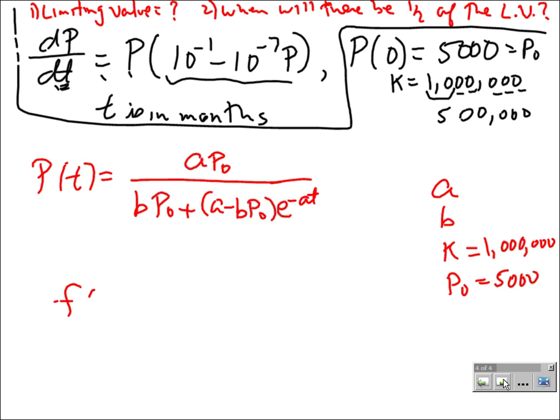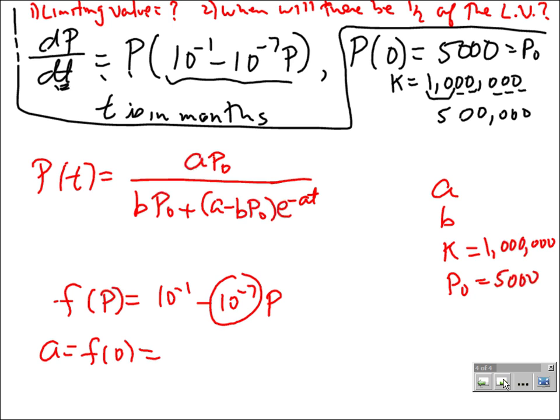Well, f of P is that linear function. A is f of 0. Well, this non-zero number times 0 is 0. 10 to the negative 1, which is a tenth. A tenth minus 0 is a tenth.